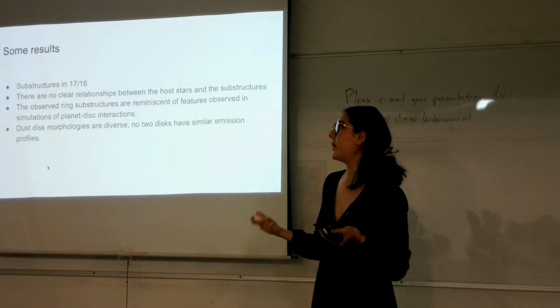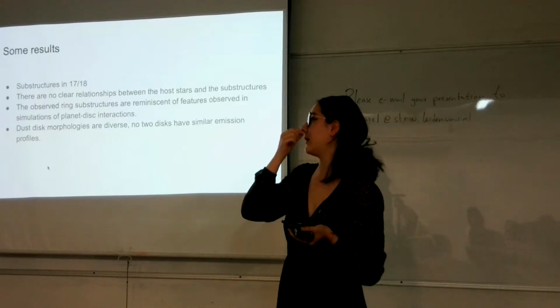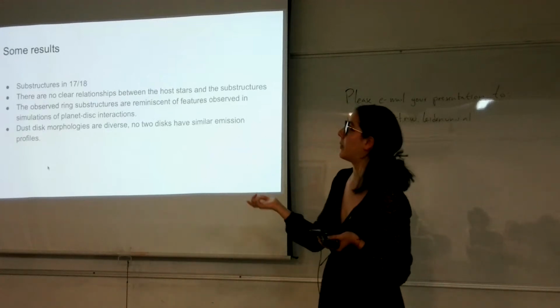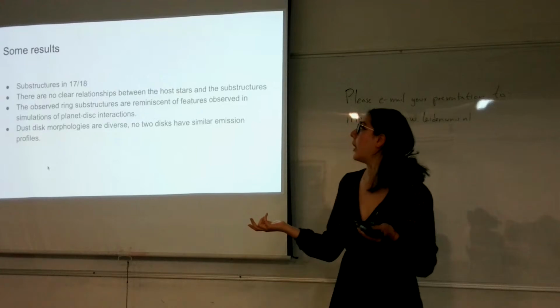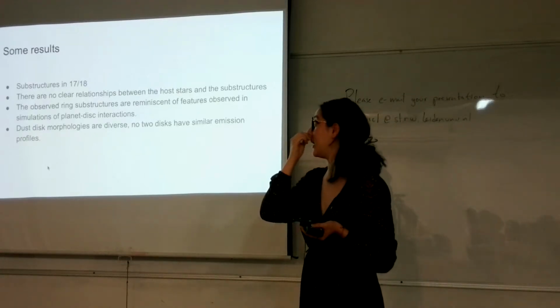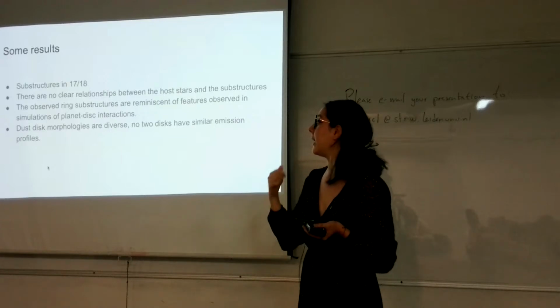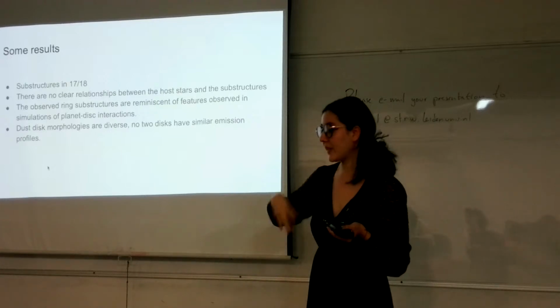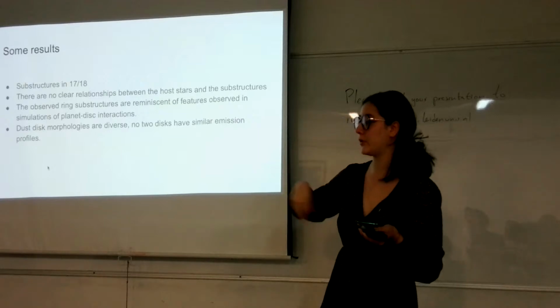And if they are pretty common, it is important to research what the origin of these substructures is and how they affect the general formation and evolution of the disk.